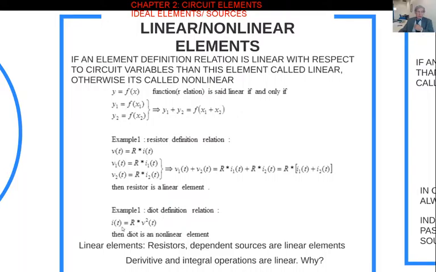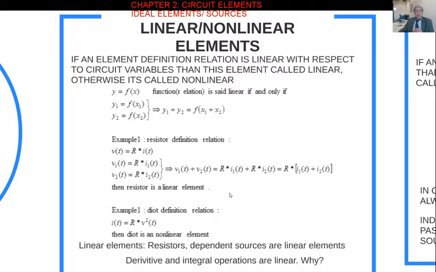Let me give you a nonlinear example. Here it is equal to r times v square. This is the definition relation of a diode element, and this function does not have that property, that's why it is a nonlinear element. We will not use nonlinear element analysis in this course. You're going to see those elements in electronic courses, with a different type of analysis that you're going to apply.